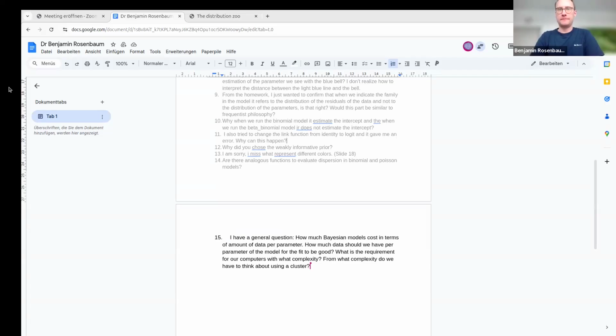Okay, data per parameter. That's a good question. So there are some rules of thumb of how many data points you should have per predictor in frequentist statistics. One of the reasons for that is that confidence intervals and p-values are only correct if you have a couple of data points.